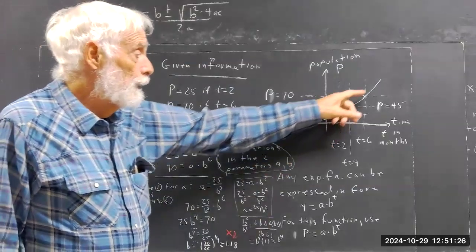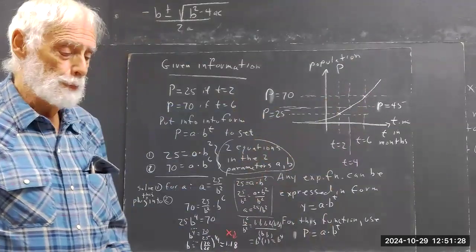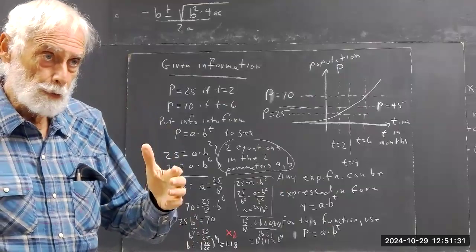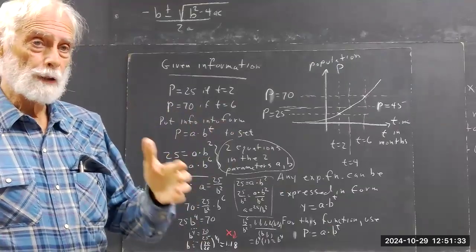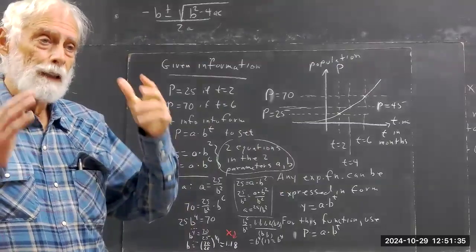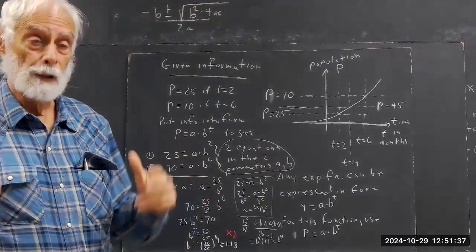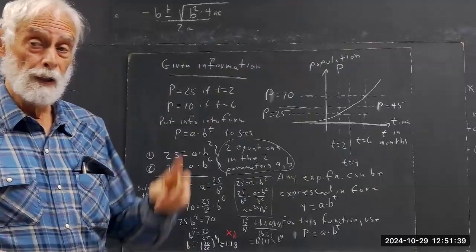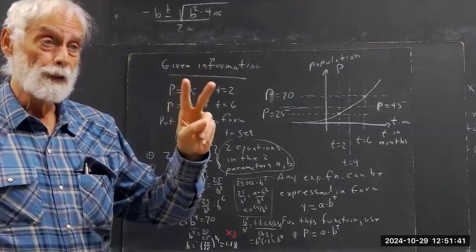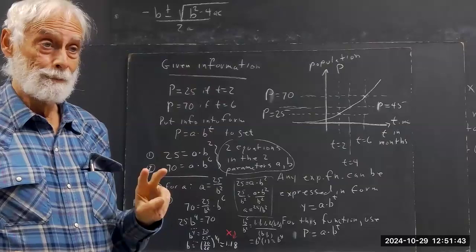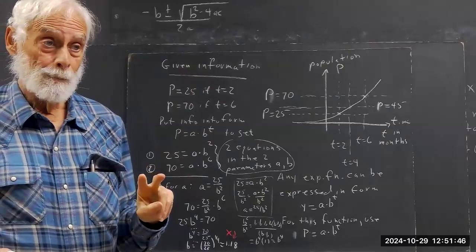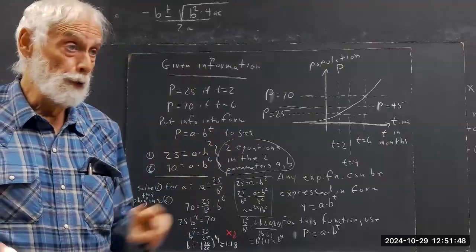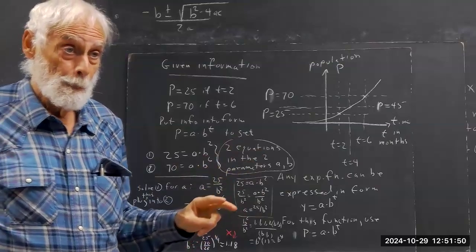So now we want to find an exponential function. Now, if you've got a straight line between 2 points, you can use y equals mx plus b form, plug in x and y to get an equation, plug in another x and y to get another equation. Then you have 2 simultaneous equations that you can solve by elimination. Okay. If you haven't taken the test, make sure you know how to do that. It's probably going to be on it.